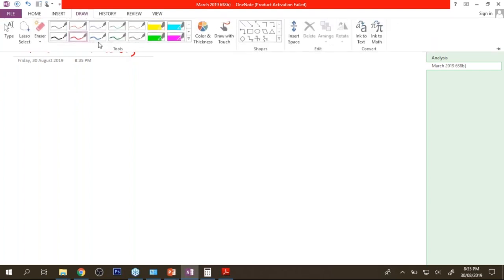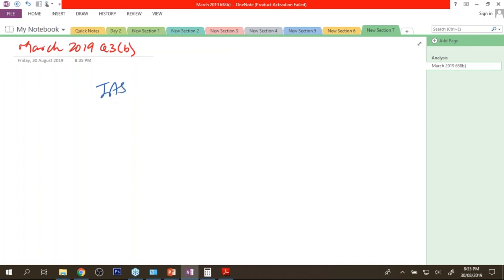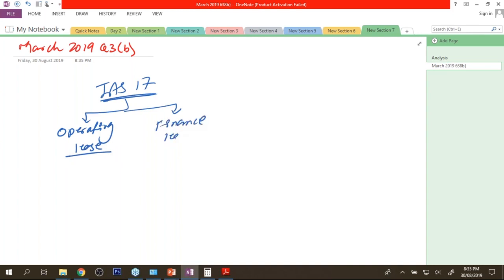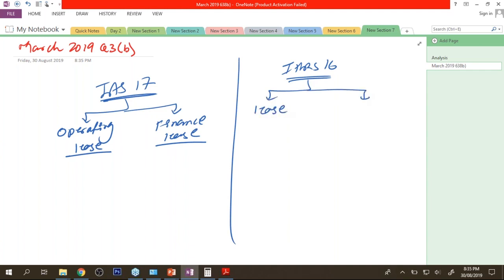And let's quickly discuss what actually has changed. In IAS 17, we used to classify two types of leases. One was the operating lease and the other was the finance lease. While in IFRS 16, all leases are treated as a single lease, which is lease accounting. Only there are some lease exceptions which are treated differently.